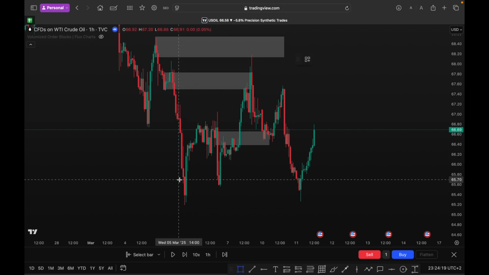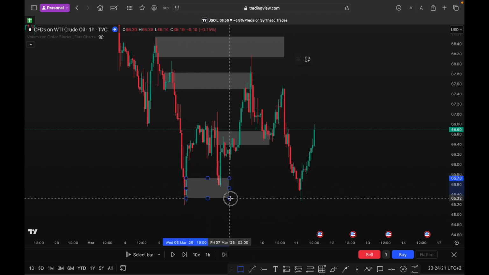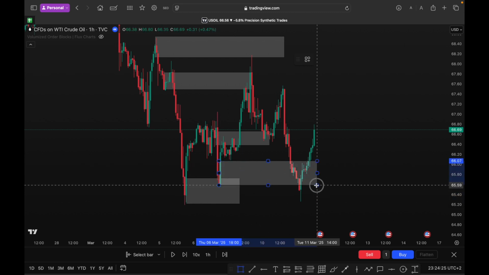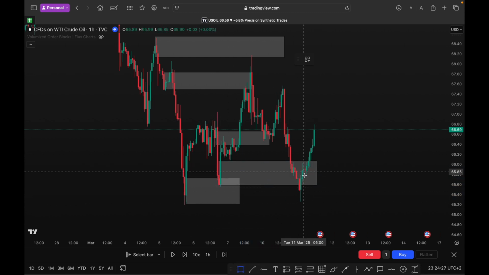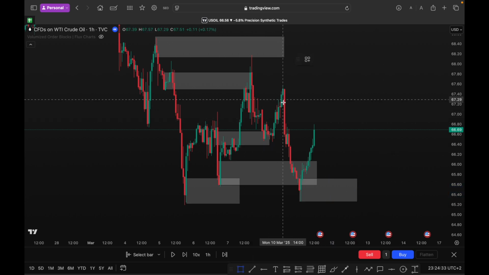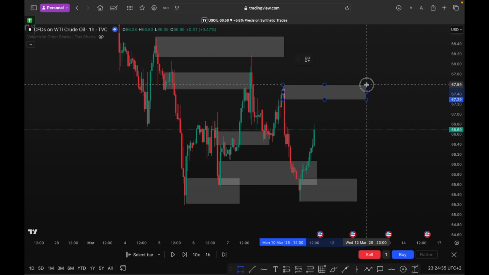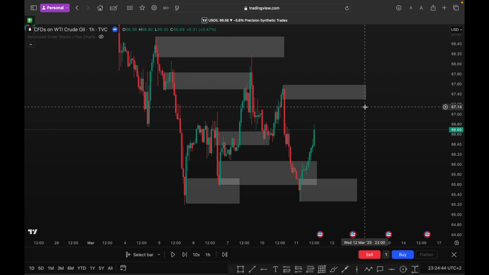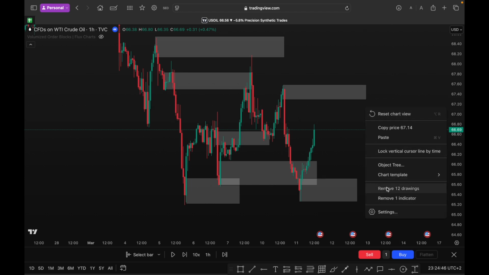So at the end of the day, your chart literally looks something like this. Just a bunch of blocks on your chart and you are uncertain on which order block price is respecting. So do you agree with me? This is not how you want to trade. This is not how you want to look at a chart. So let's delete this and let's start over.